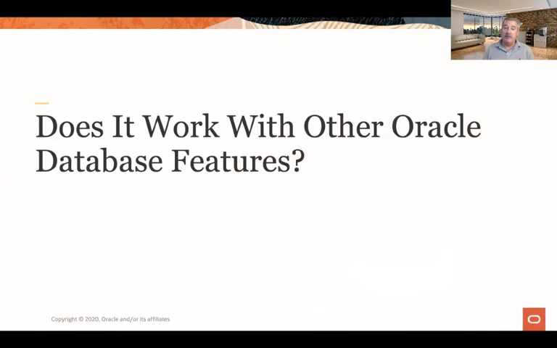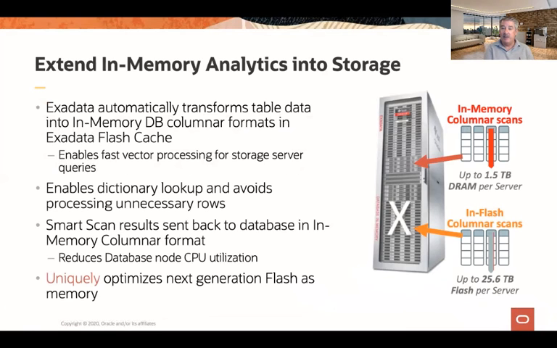Does Database In-Memory work with other database features? When running on Exadata, we can take advantage of the flash storage to put our columnar formats there as well. So now you can think of DRAM and flash both being columnar formatted data, essentially two different tiers of storage.